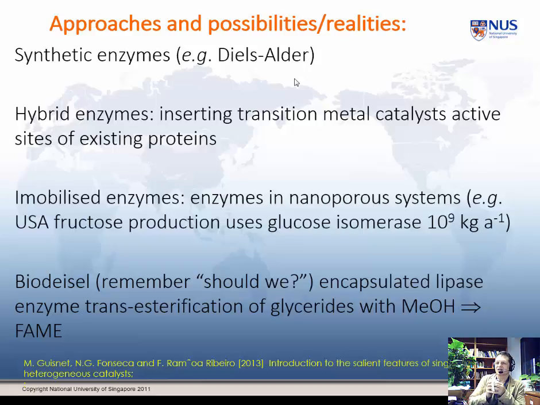You can then immobilize those enzymes on nanoporous systems, and it sounds science fiction, doesn't it? Except that the vast majority of United States fructose production uses exactly this technique with glucose isomerase. 10 to the 9 kilograms per annum production.